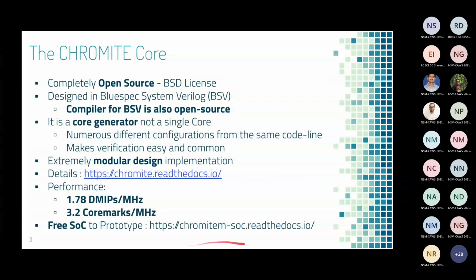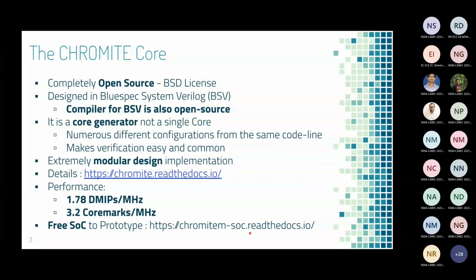The documentation is available at the bottom, chromite-m-soc.readthedocs.io. So all the steps, right from cloning the repositories, generating the Verilog, synthesizing it on Vivado, and burning it on your FPGA, connecting OpenOCD, connecting a debugger, all those steps are documented on this website.